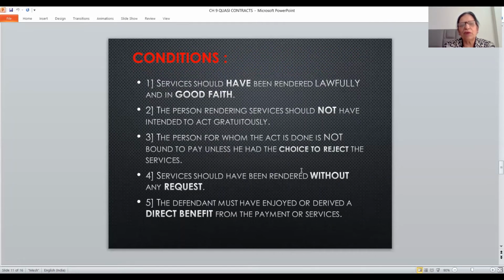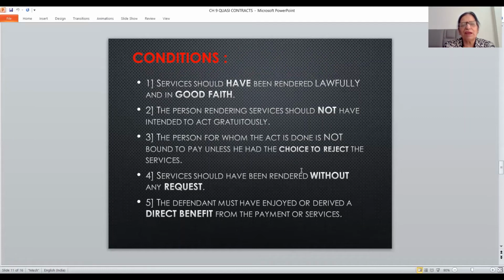The person for whom the act is done is not bound to pay unless he had the choice to reject the services. If he has rejected the services and has not got the benefit of that, then he is not bound to pay for the services. Services should have been rendered without any request. That B person never told A, you come and render these services.